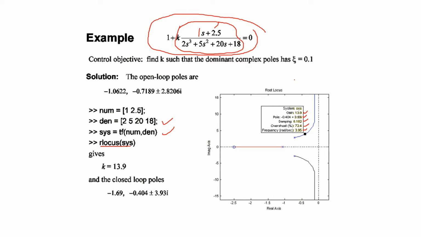So at zeta approximately equal to 0.1, you click, and you get your K value and this information also. As you move to any point on the root locus, you can click and find this out. Okay, fine.